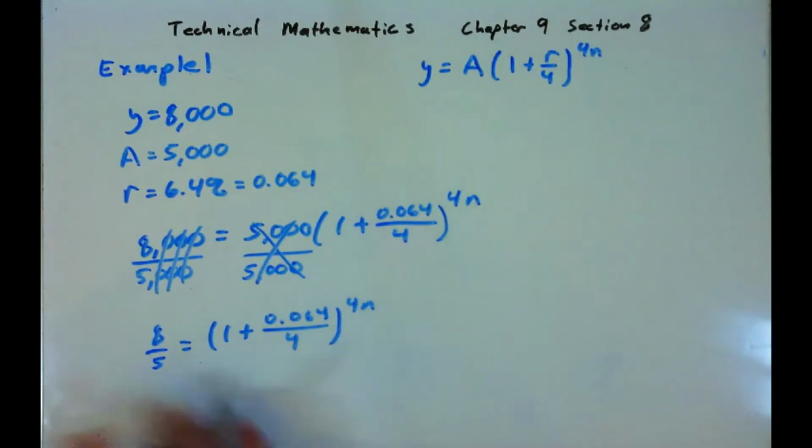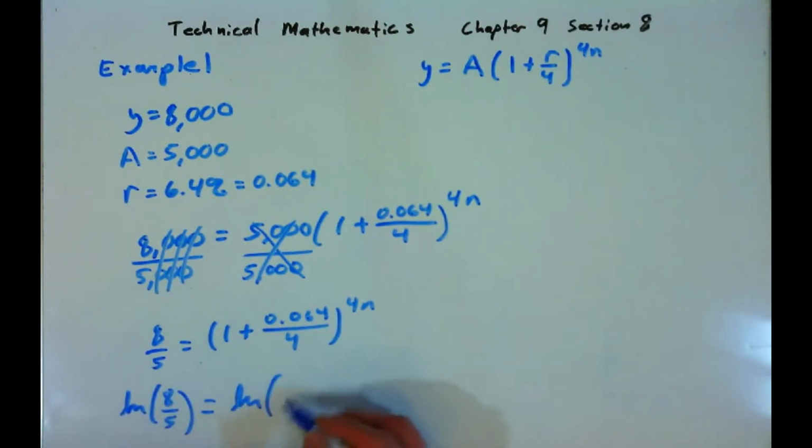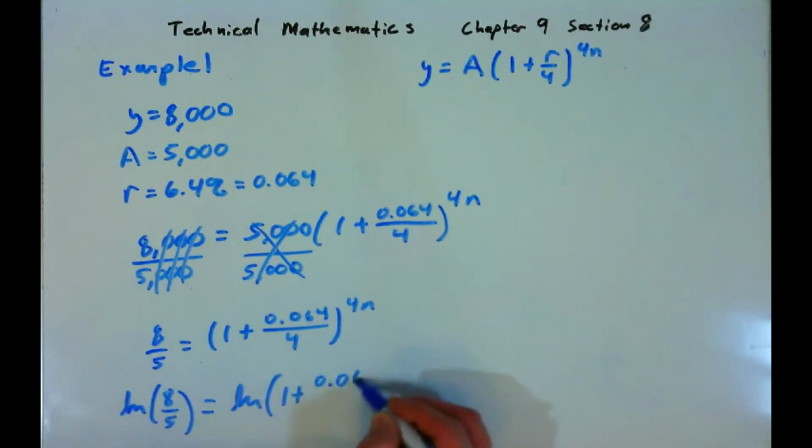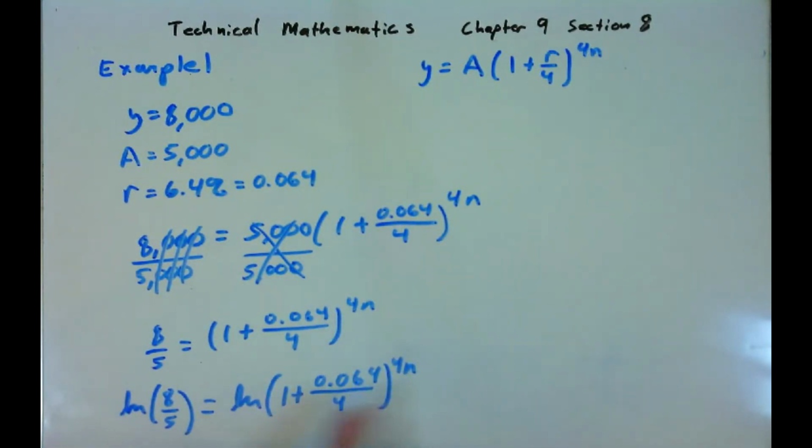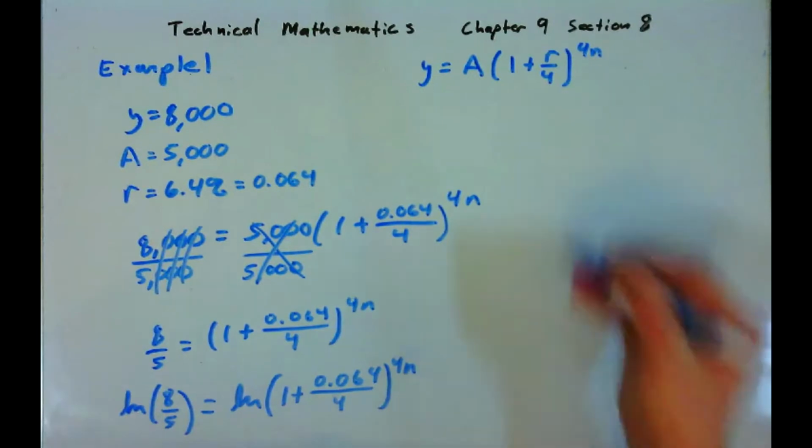So to get the n out of the exponent, I need to take the logarithm of both sides, and it doesn't matter which logarithm I take, natural log or common log. I'll use the natural logarithm. Take the natural logarithm of 8/5 on the left hand side, and take the natural logarithm of 1 plus 0.064 over 4 to the 4nth power. And so now I can bring the 4n out because I've taken the natural log of both sides.